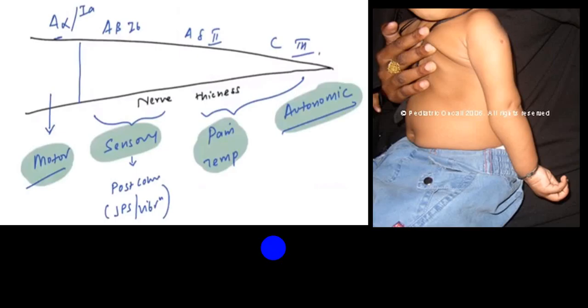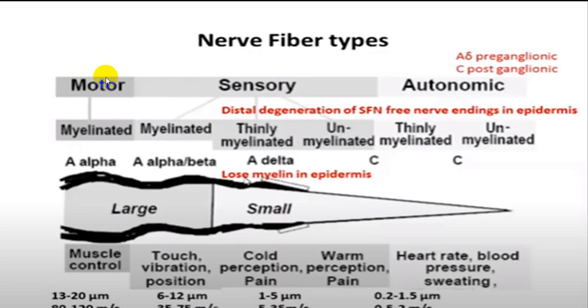Now I am going through the different types of fibers. This is a better diagram, I'll go through that. So large fibers and small fibers. Large fibers are thickly myelinated, and they consist of motor fibers, which we call A alpha, and one variety of sensory fiber, myelinated, which we call A beta, that carries touch, vibration and position sensation, which we call the posterior column.